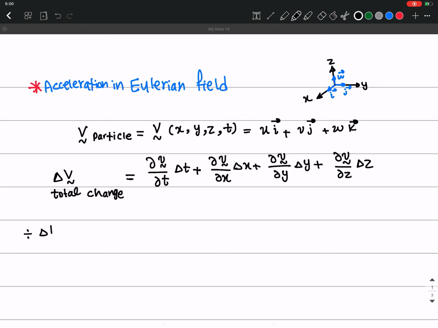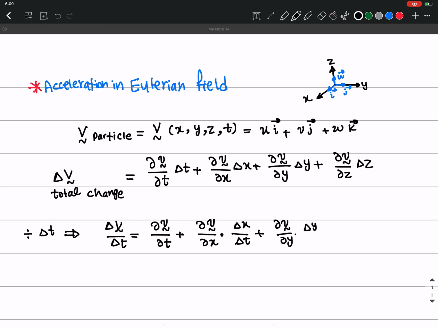Now let's divide all of this by delta t, and what I'm going to get is delta v over delta t equals partial v over partial t, plus partial v over partial x times delta x over delta t, and similarly partial v over partial y times delta y over delta t, plus partial v over partial z times delta z over delta t.